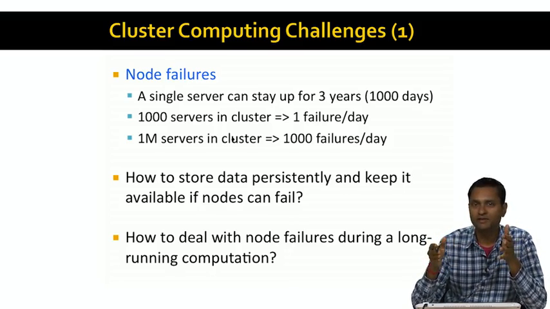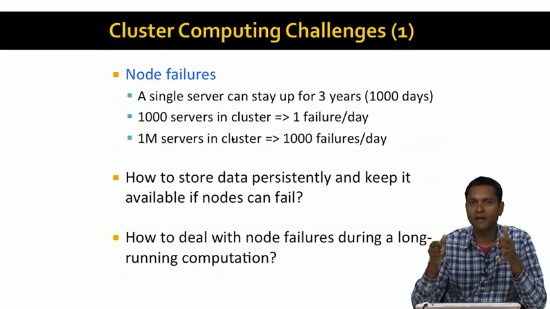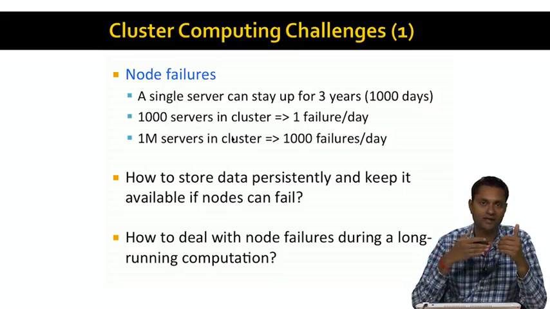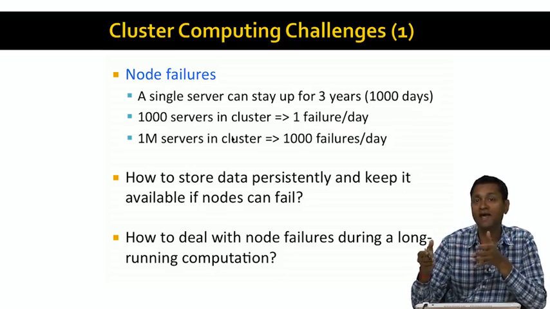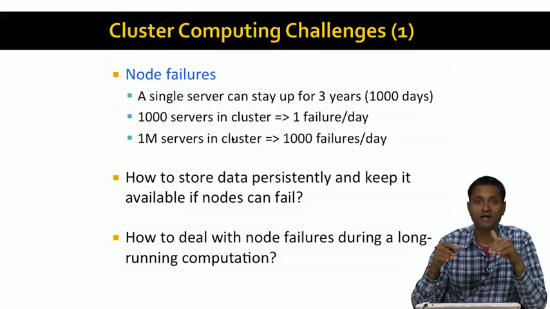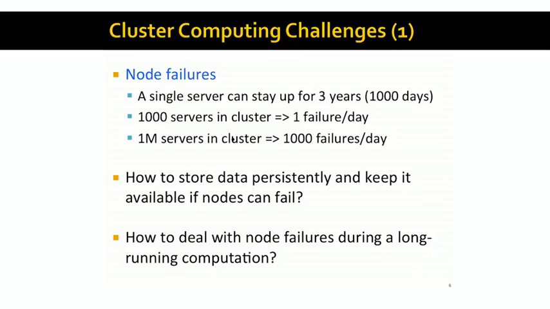Now, how do you deal with this problem? In the worst case, you may have to go back and restart the computation all over again. But if you restart it and the computation runs again, a node may fail again when the computation is running. So you need an infrastructure that can hide these kinds of node failures and let the computation go to completion even if nodes fail.